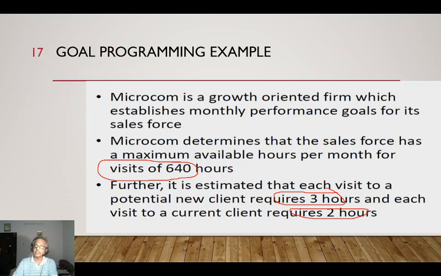Further, it is estimated that they are visiting both old clients as well as new clients simultaneously. Naturally, a new client will take more hours, so each visit to a new client takes 3 hours, and each visit to a current client takes 2 hours.